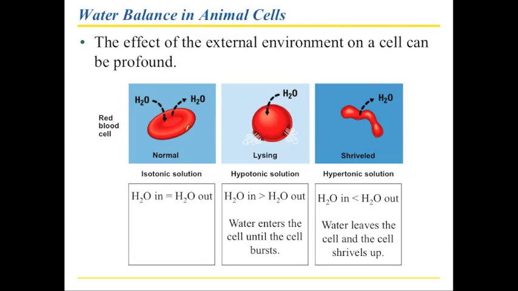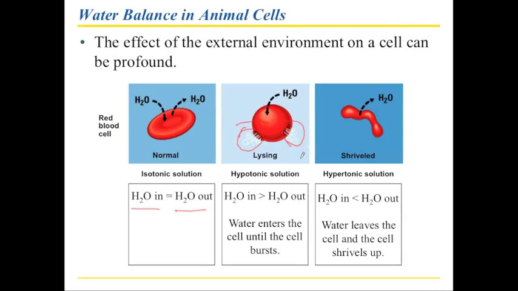So this is a red blood cell, and the red blood cell is in a normal environment, and so the amount of water that goes in is the same as the amount of water that goes out. That's normal. Now, if you place the cell into a hypotonic situation, like pure water, then you find that more water is going in than out, and as a consequence, the cell could literally blow up.